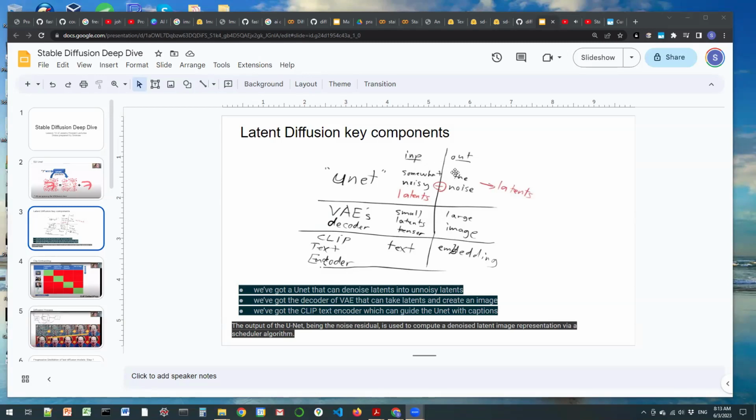There's a component of stable diffusion that's not referred to here because it's an iterative process, and that is the scheduler. We use the scheduler to repeatedly subtract some amount of noise multiplied by a constant. The amount that's subtracted out is the noise that's predicted by the UNet. So that's why you see this minus sign.